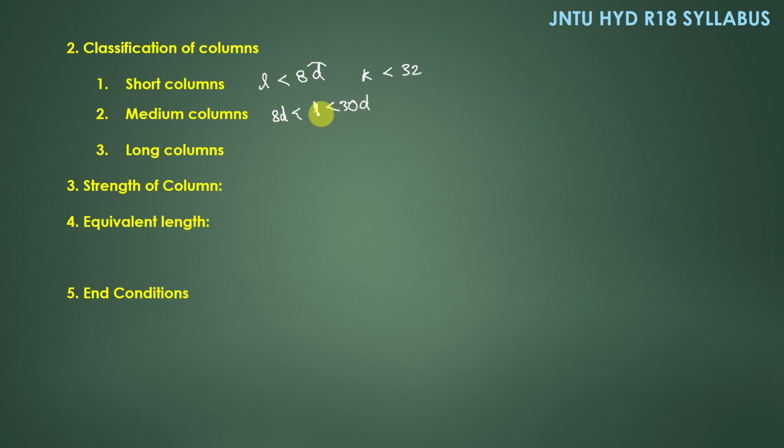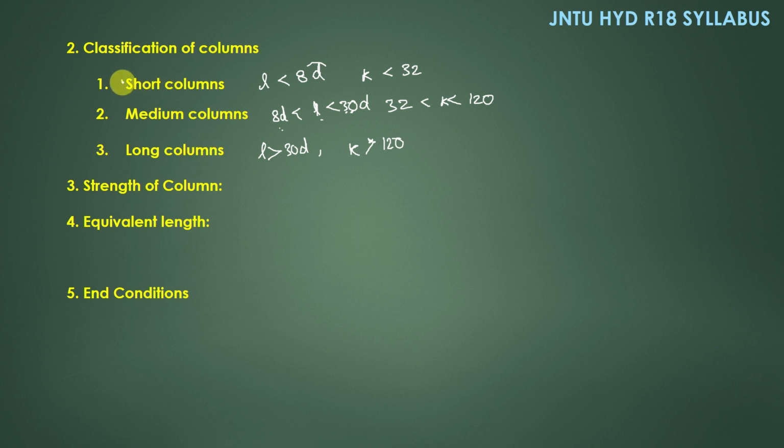That means the length should be in between 8 times the diameter to 30 times the diameter, and slenderness ratio should be in between 32 and 120. And for the long columns, it is very simple: length should be more than 30 times the diameter and slenderness ratio greater than 120. So these are the conditions in order to say which is short, which is medium, and which is long.